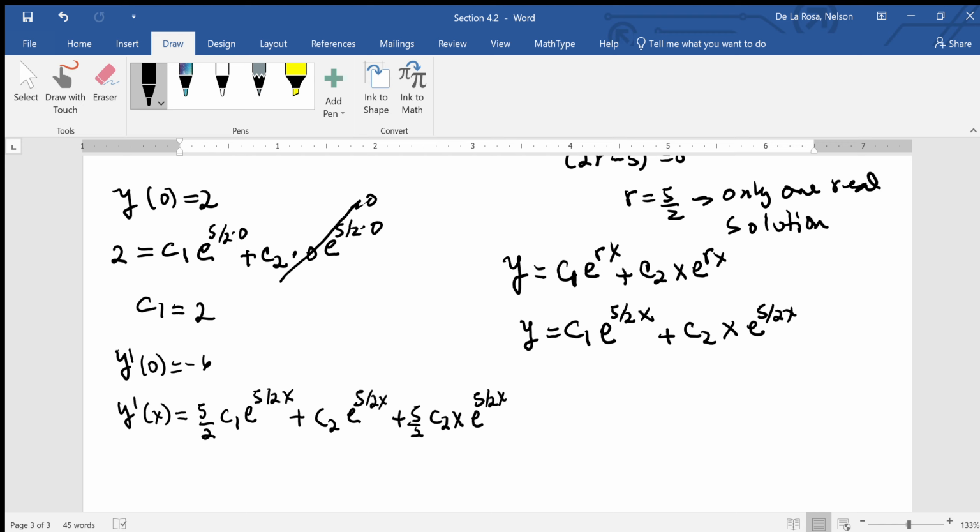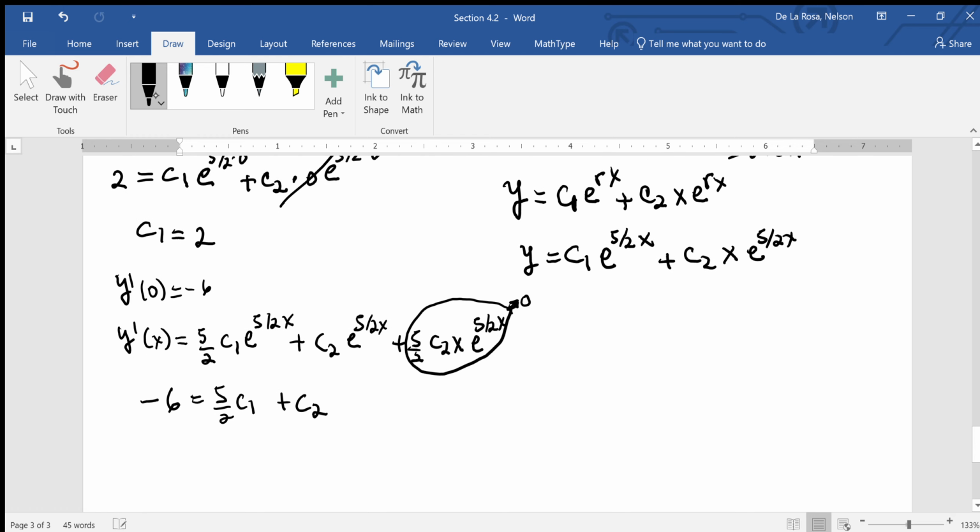So replacing the condition that y prime at 0 is -6, we have -6 equals 5 over 2 times C1. Remember, the exponential to 0 power is going to be 1, plus C2 times 1, because e to 5 halves times 0 is 1, plus 0, because this term, when you replace x by 0, will go to 0.